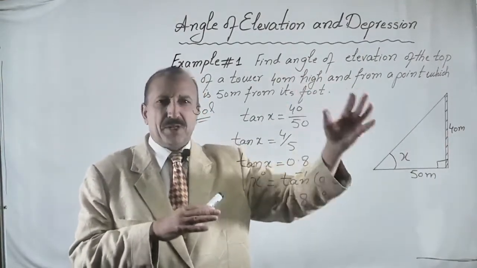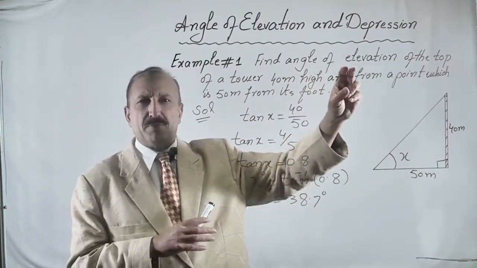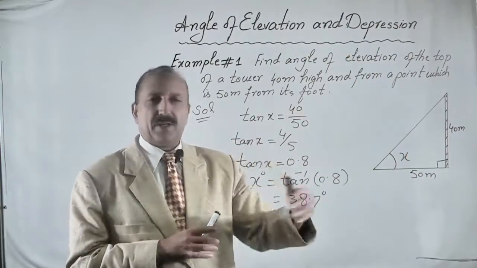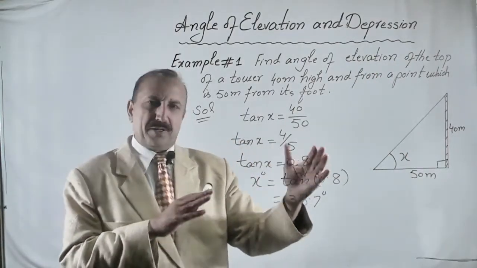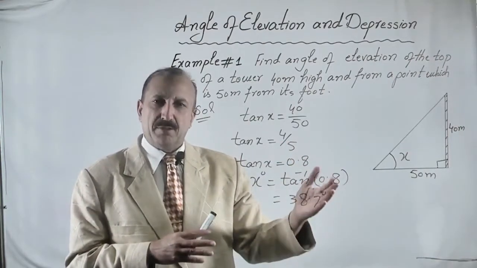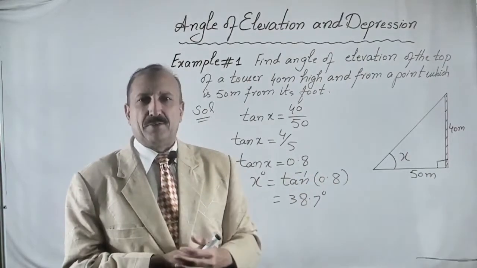This is the area that we need to practice more. Read carefully, try to understand the given values, label correctly, and then finally it is a comparatively easy area to solve for the unknown side or angle, and here we have found the angle of elevation.